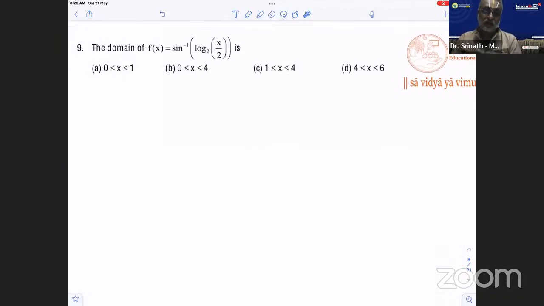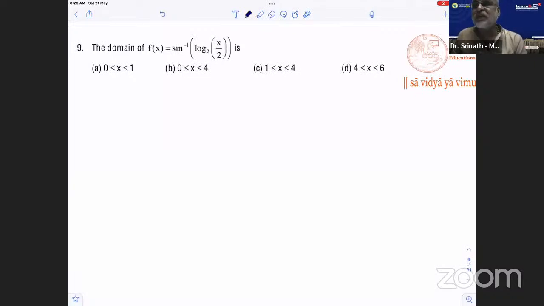Here we are talking about the domain of f(x) = sine inverse of log of x by 2. Even though we are doing this problem on relations and functions, an inverse trigonometric function has crept in. I'm happy about it.